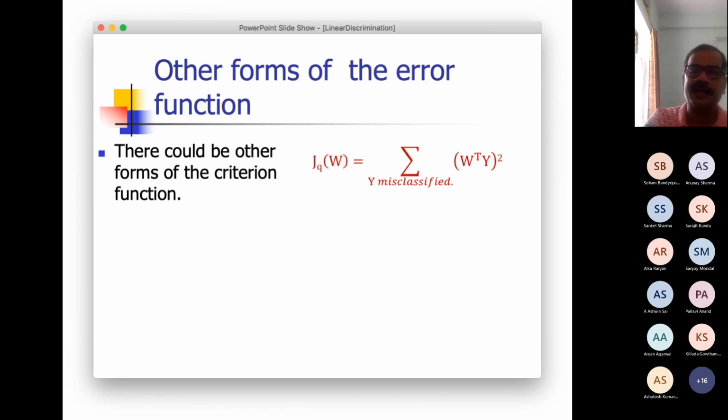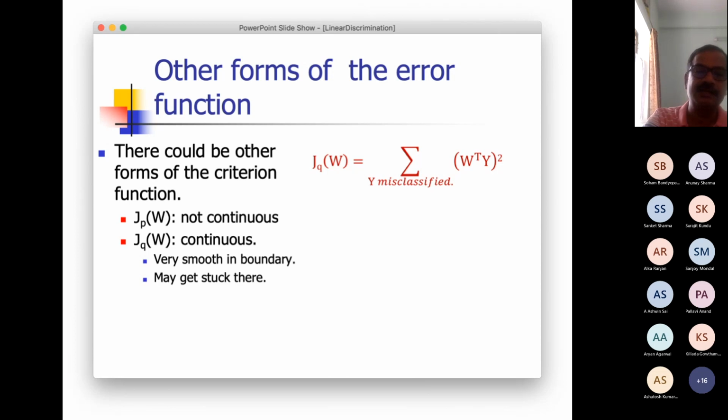This is another error function, where instead of taking minus of W transpose Y, you can simply take the square, which will give you a positive value. Then the function becomes smoother here. That is the advantage you have. It's continuous, very smooth in the boundary, but that is also a disadvantage, because in the boundary you may get stuck. Your convergence rate would be very slow there.